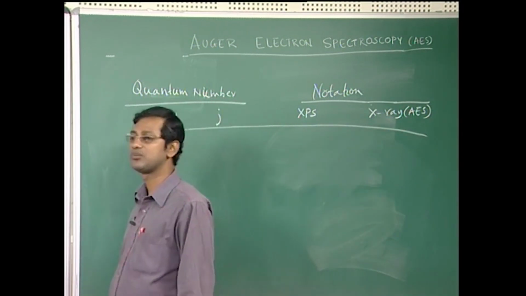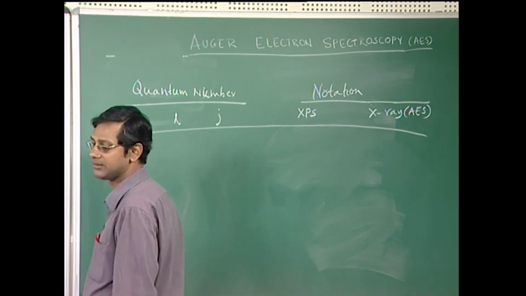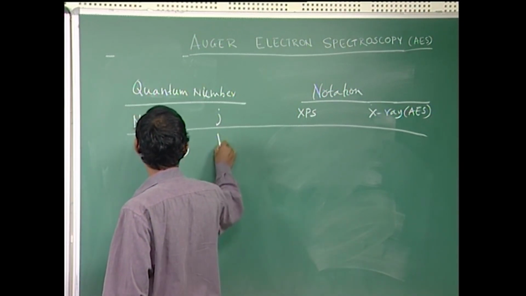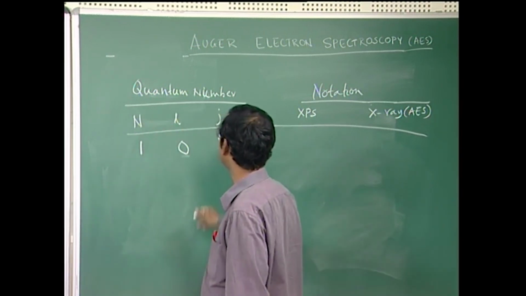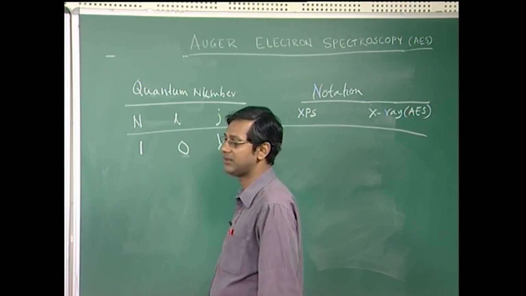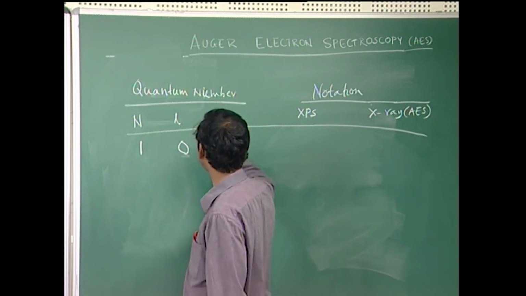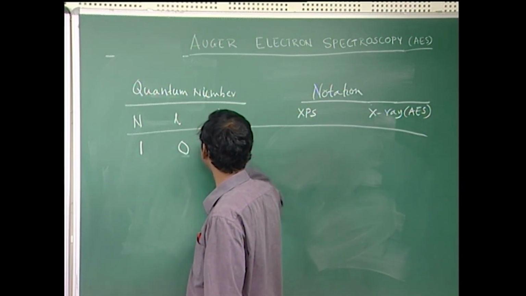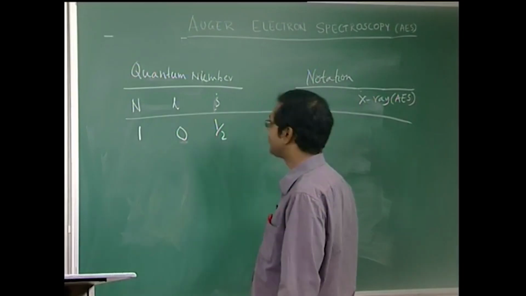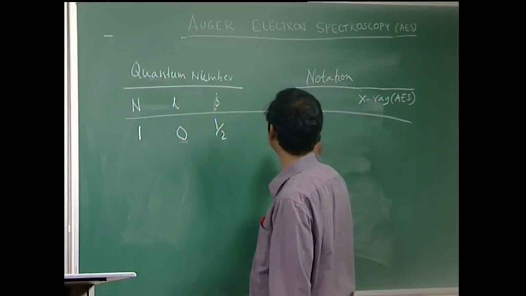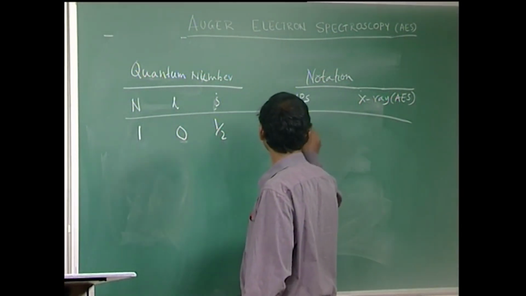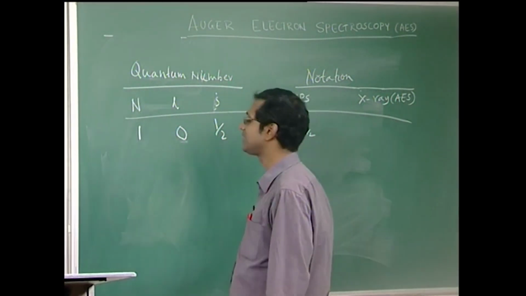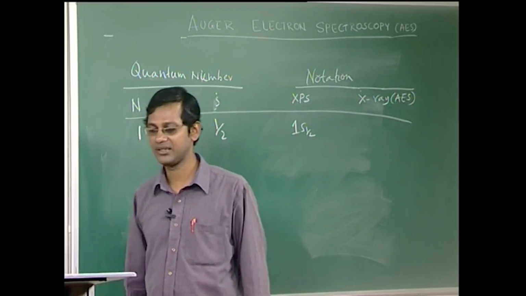Let us suppose quantum number n equal to 1, l equal to 0 and j equal to 1/2. l is the azimuthal quantum number and j is the spin-related quantum number here. Instead of j, let us use s, the spin quantum number. We use 1s 1/2, which is just 1s; there is no need of writing the half.